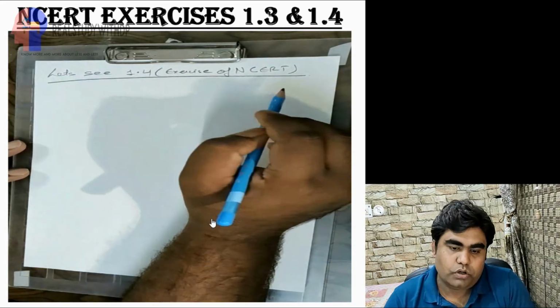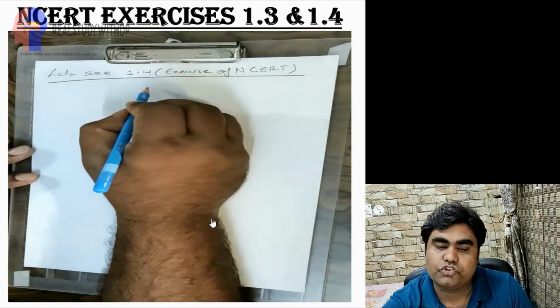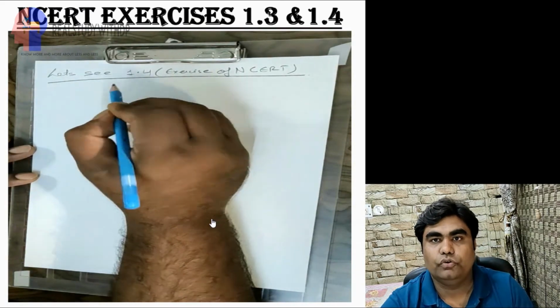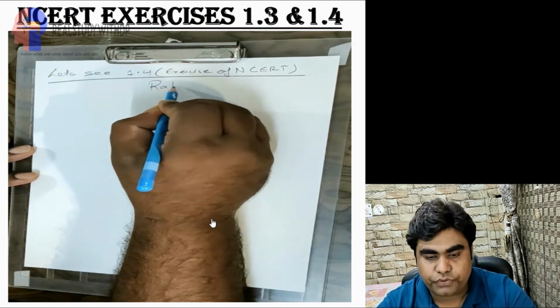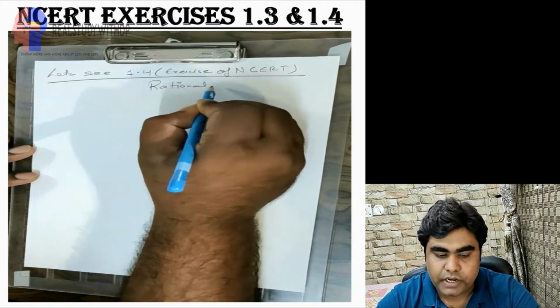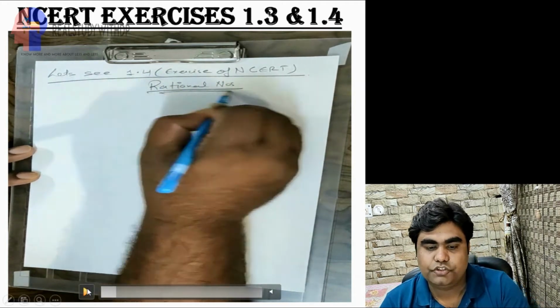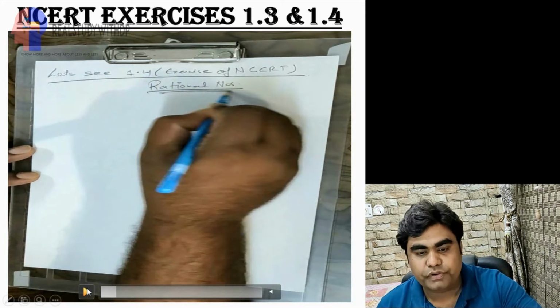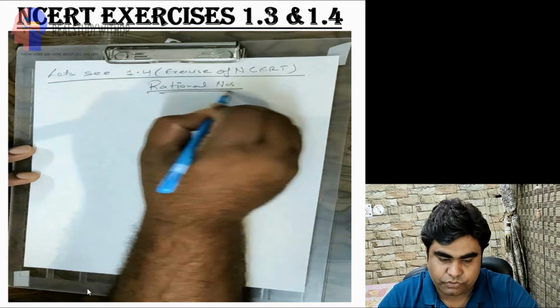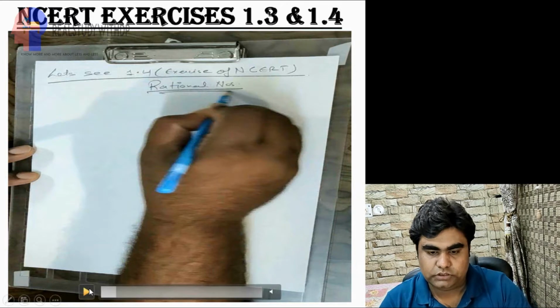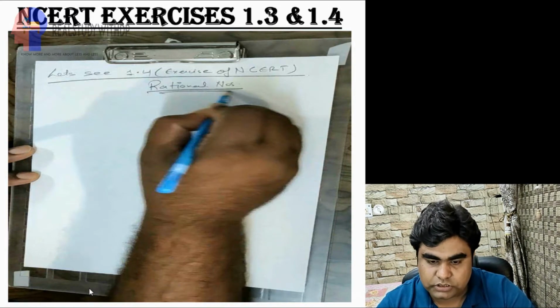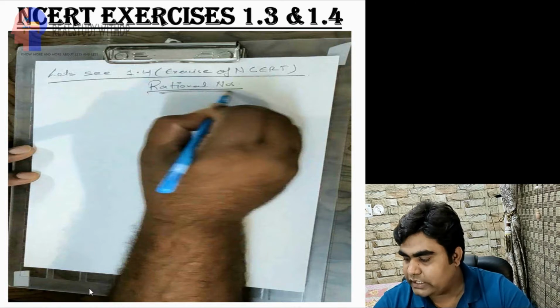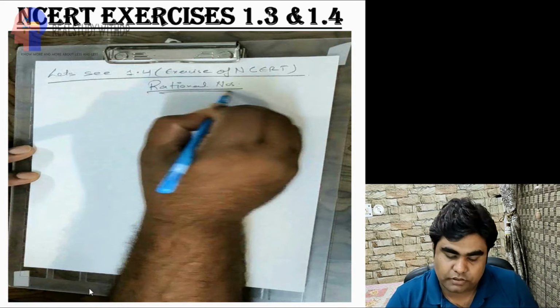Before we take the questions of 1.4, we have to know a few prerequisites that are needed before we start with the exercise questions. And the first thing that comes up in this regard will be the rational number. So, I'm just revising what exactly we have studied in rational numbers.